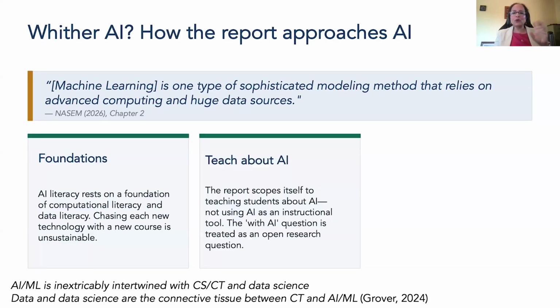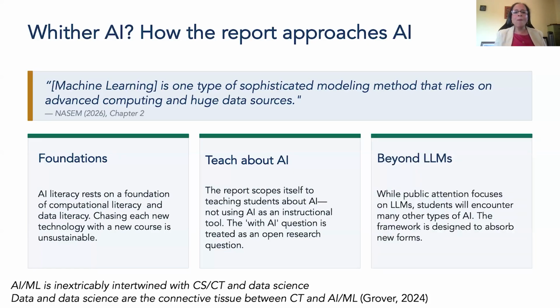Second, the report scopes the work mainly around teaching about AI. Wherever it talks about AI, it's not so much in the context of use of Gen AI in the classroom, but it is about teaching AI. And so the "with AI" question is treated as part of an open research question on how Gen AI could potentially help in building these competencies.